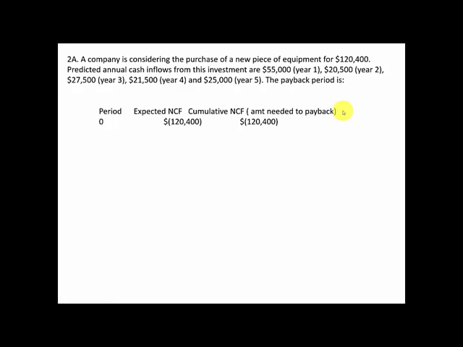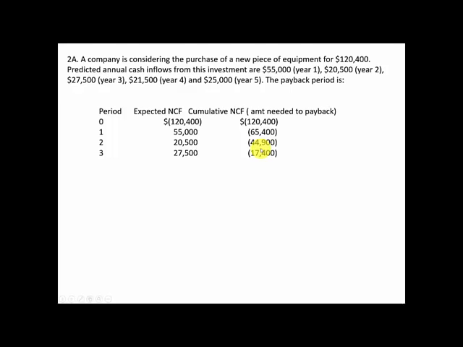So there we are at time 0, and now after 1 year we get back $55,000 and we still have $65,400 to go. Year 2 we take another $20,500 and now we've only got $44,900 to get back, because we took $65,400 minus this, which gives us $44,900.